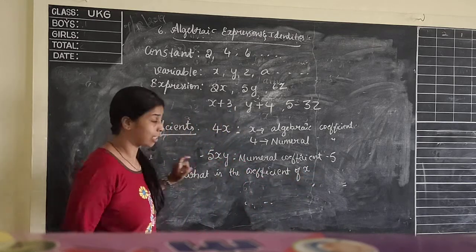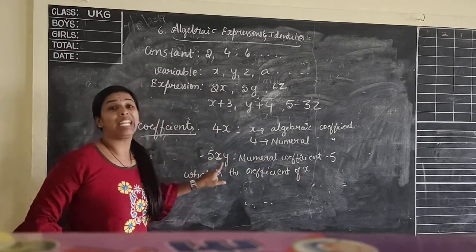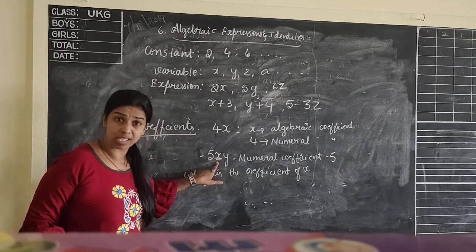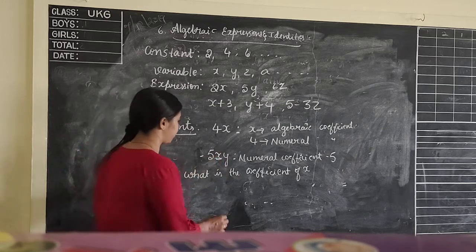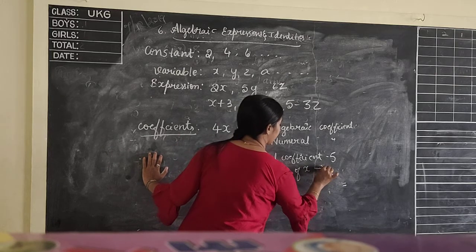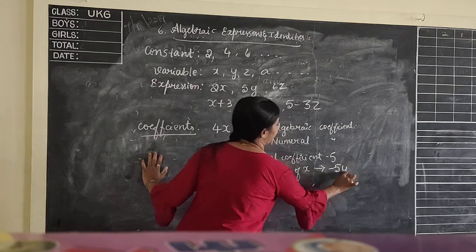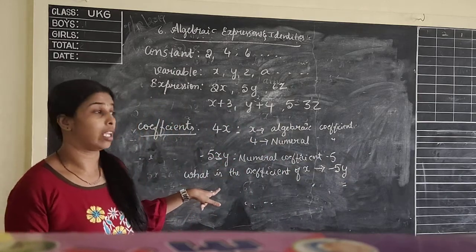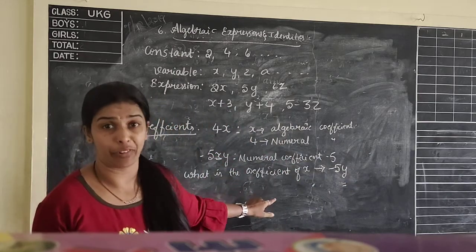Leave this x, the remaining one you have to write: minus 5y. Here they did not mention which coefficient.